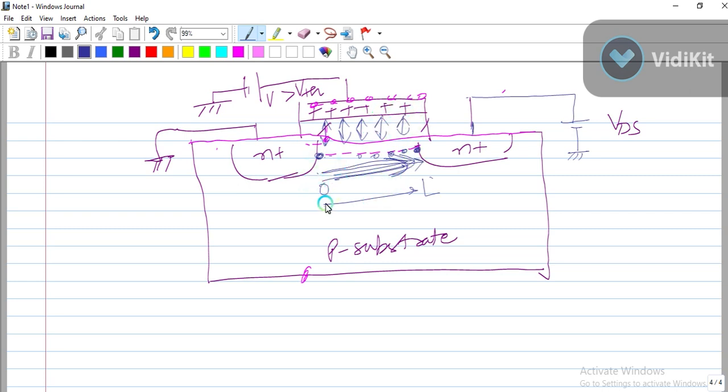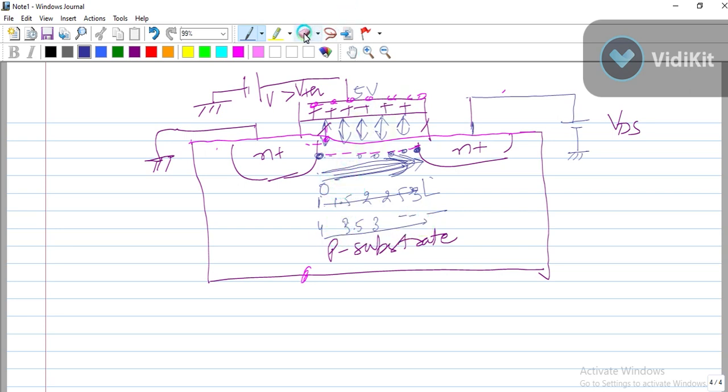Let's consider here it is 1, then 1.5, 2, 2.5, 3, and I'm giving 5 volt at the gate. So the potential difference will be 4, then 3.5, then 3, and so on. The potential difference is decreasing.